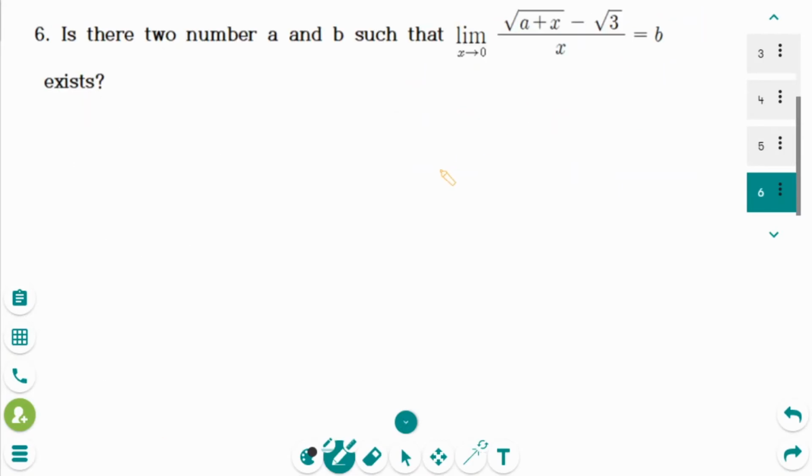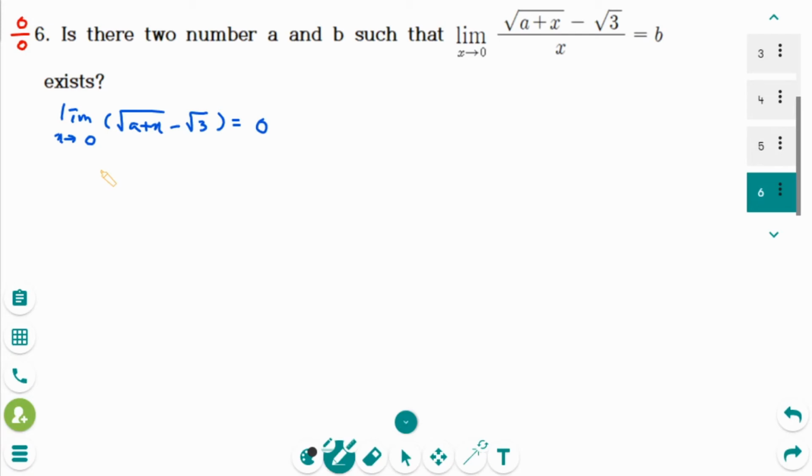This is the last question. When you put 0 into x, the denominator is 0, but the answer of the limit is b. This means that it must be in the 0 over 0 form. Therefore, the numerator equals 0, and then put 0 into x.